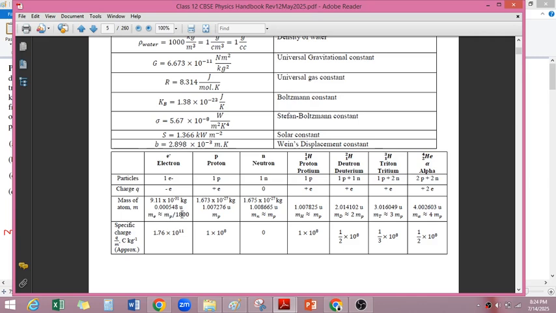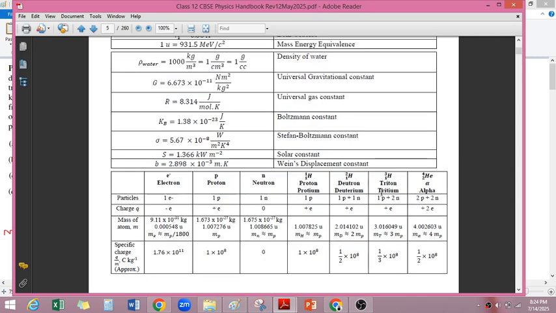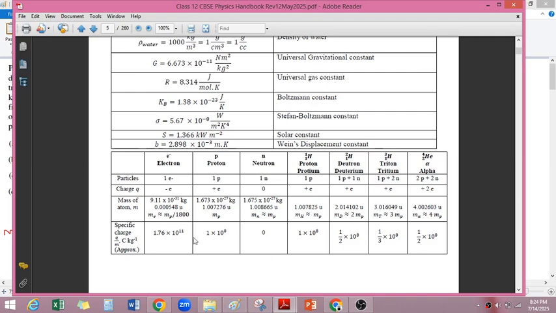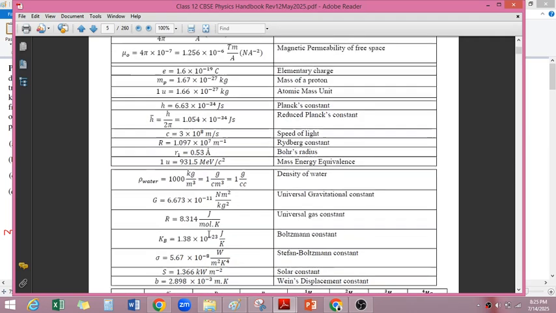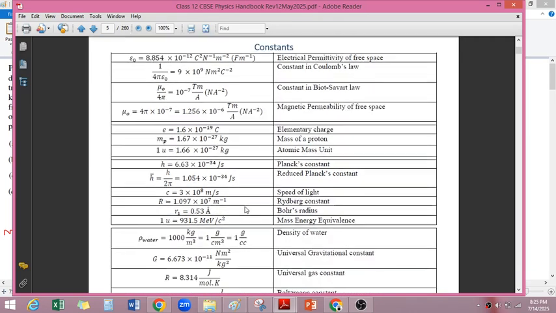So it's a very light mass. All the masses are given. Whenever you get a question based on proton, neutron, triton, alpha particle, or whenever you have doubts, you can come back and check the charges and masses over here. In the very first page, all the constants are given.